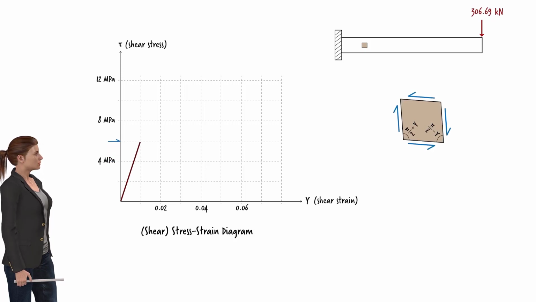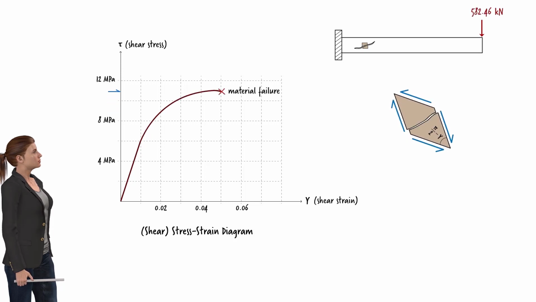We can collect and graph data points until the material fails. So, this is the stress-strain curve for the material that our cantilever beam is made of.